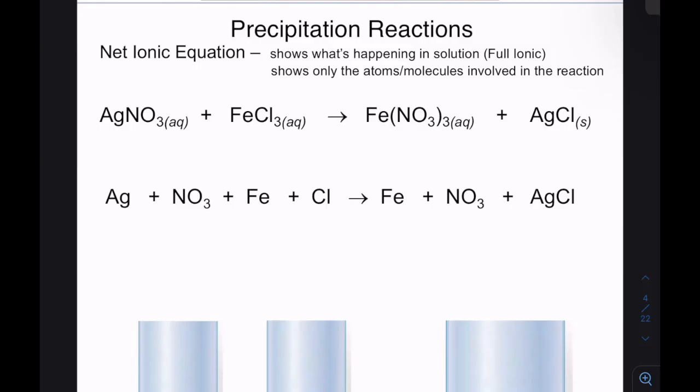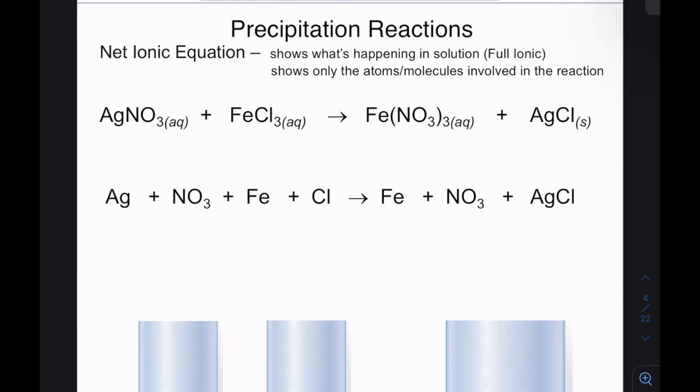Here's a reaction that we balanced last chapter. Silver nitrate mixed with iron(III) chloride gives us iron(III) nitrate and silver chloride. I think we just did this one like Friday or last Wednesday. So I'll just jump to the end for the balancing act.